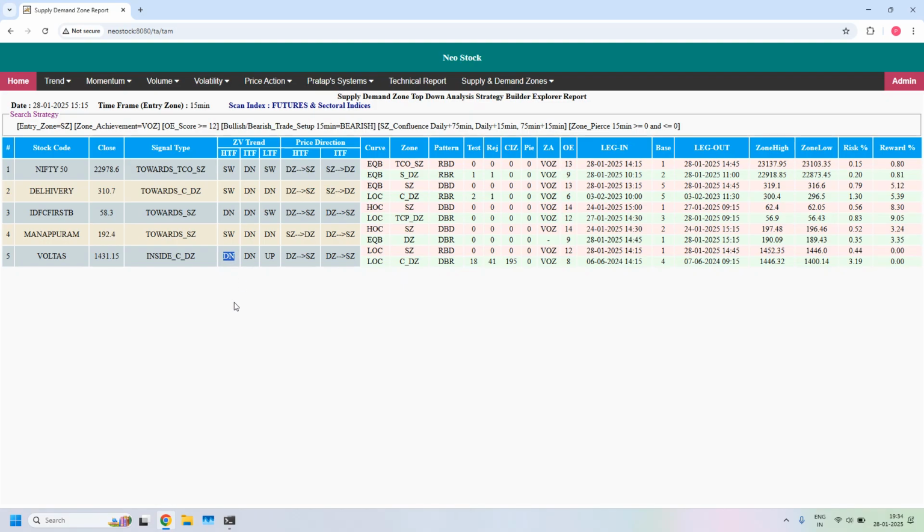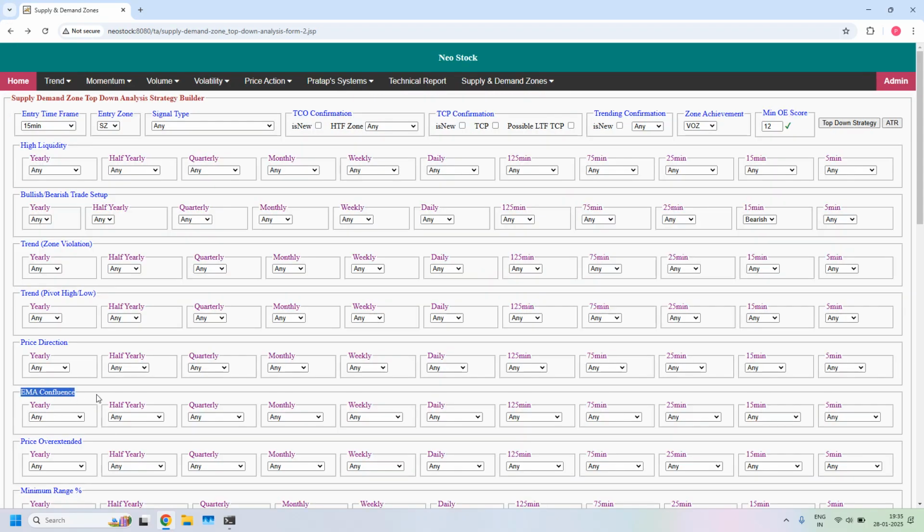And if any of those 2 stocks are having daily EMA confluence, they are even more high probability trade setup supported stocks. Let's verify. In the EMA confluence at a daily time frame, why daily? Because the 15 minutes entry time frame supply zone is part of the 75-minute supply zone, both together part of the daily supply zone.